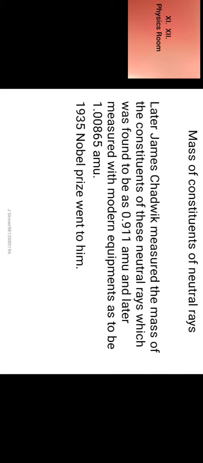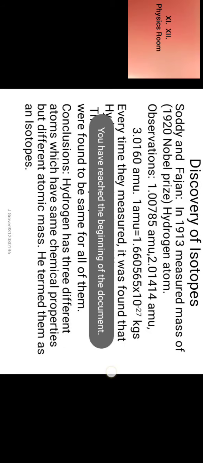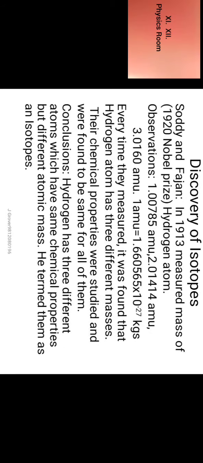Later, James Chadwick measured the mass of the constituents of these neutral rays, which was found to be 0.911 atomic mass units, and later measured with modern equipment to be 1.00865 atomic mass units. 1935 Nobel Prize went to James Chadwick for discovery of neutrons, and 1922 Nobel Prize went to Soddy Fajan for discovery of isotopes.